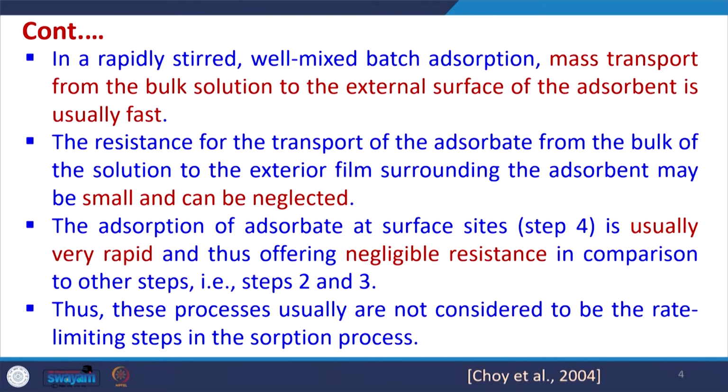Now, going further, if these four steps are there, this is like an adsorbate moving from the bulk of the solution and going inside the adsorbent particle. We want all these steps to be as quick as possible, because the overall contact time, the time which will be there for adsorption to occur, will depend on how fast all these steps are.